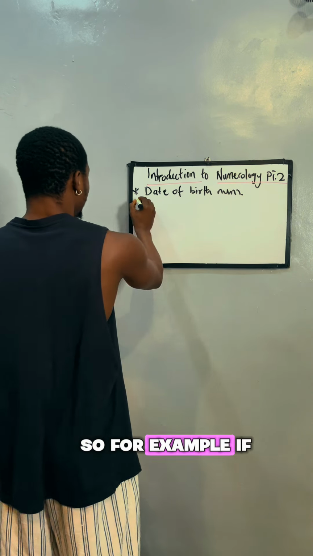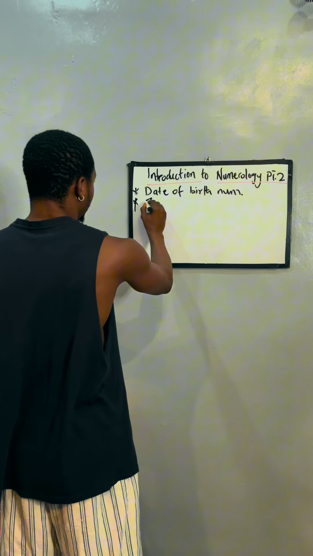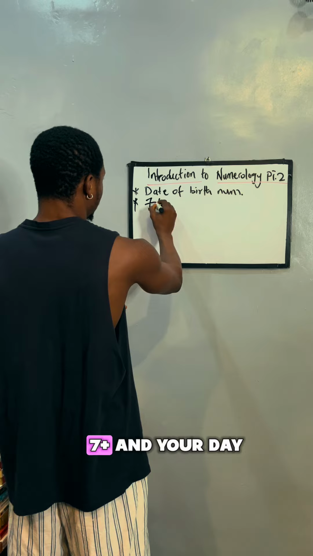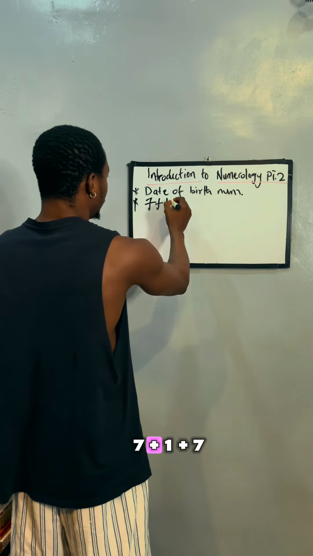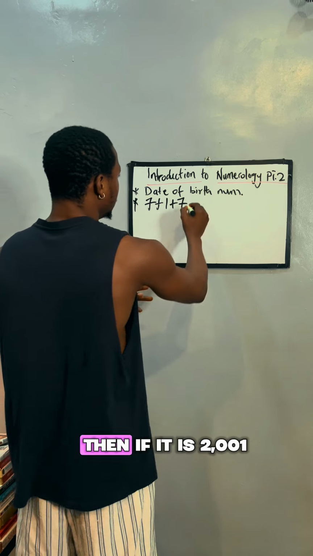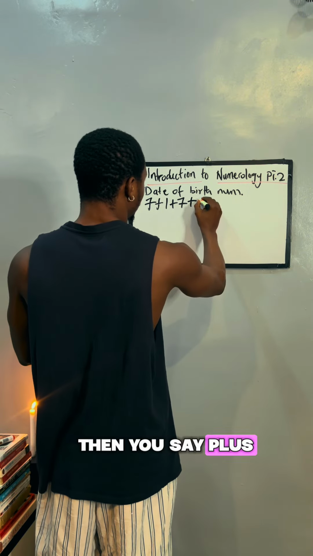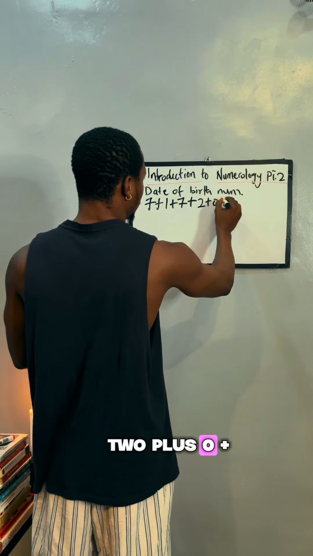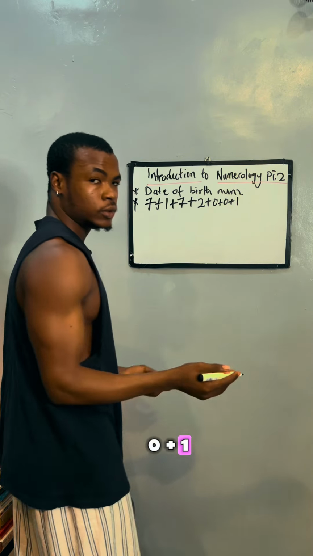For example, if your date of birth is July, that is 7, plus your day of birth, 17: 7 plus 1 plus 7. Then if it is 2001, you say plus 0 plus 0 plus 1.